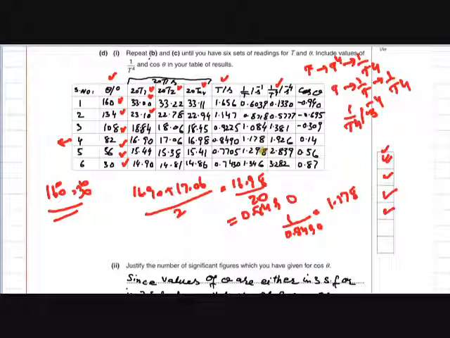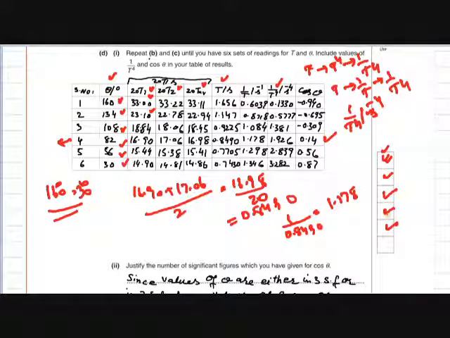Then 1 upon t to the power 4 comes out to be, in 4 significant figures, 1.926. Then cos theta: since you can see theta is in 2 significant figures, cos 82 will also be in 2 significant figures, and cos 82 comes out to be 0.14. So the calculation is okay.